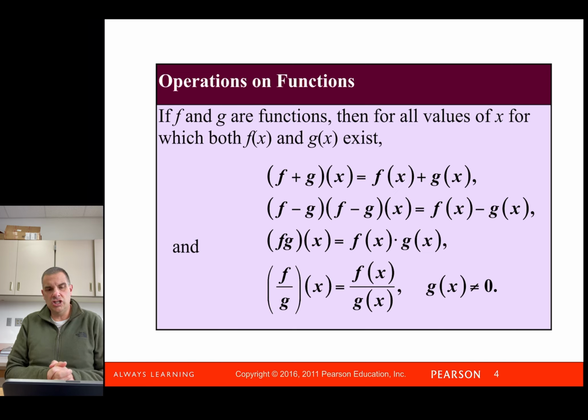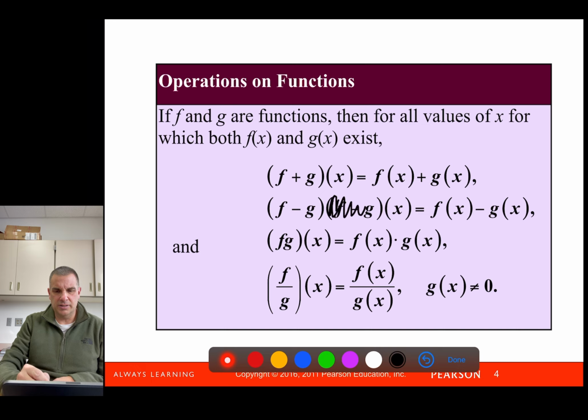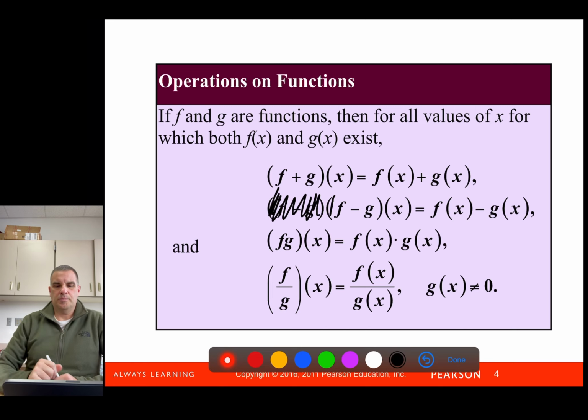F minus g is really f of x minus g of x. I kind of combine them a little bit. So f minus g of x is the same thing as f of x minus g of x.